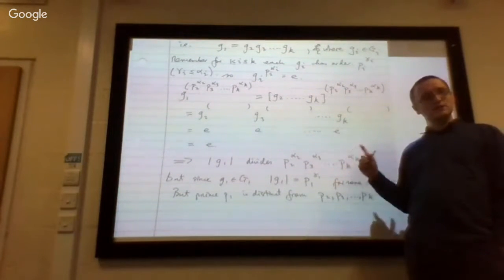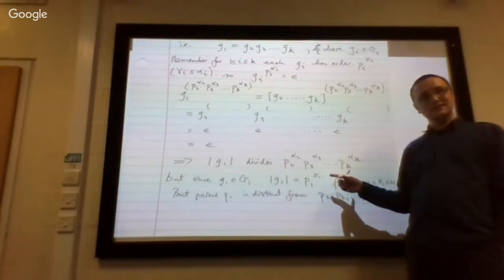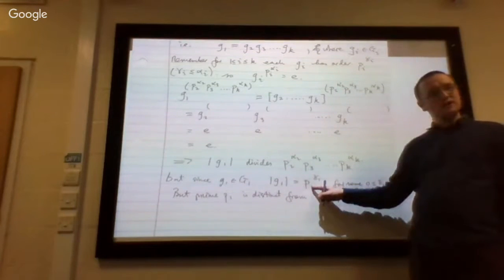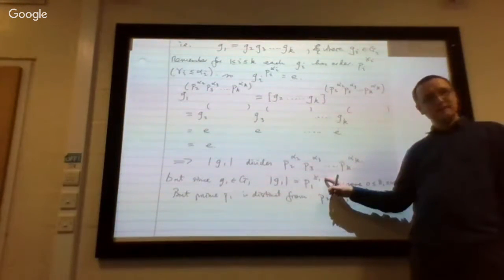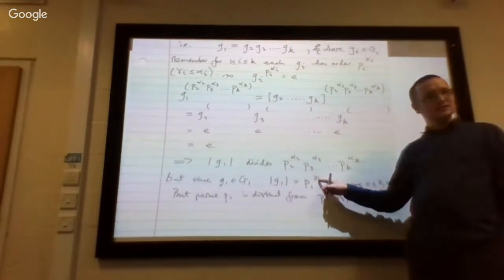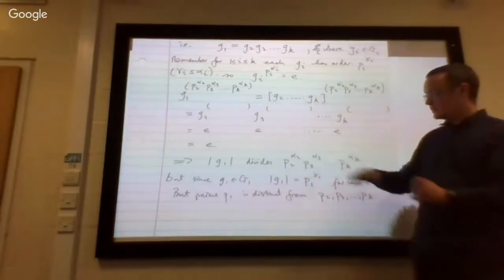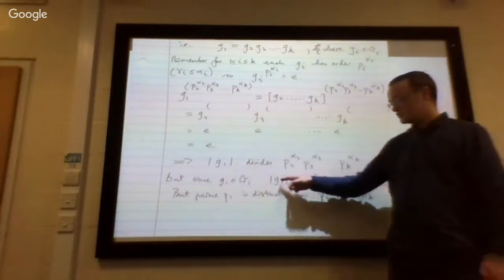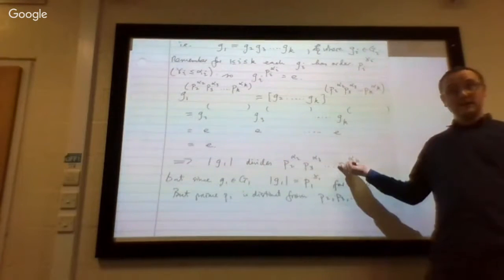So there's only one possibility that this can all still be true: if this isn't really a genuine power of P1, if this quantity is actually 1, where gamma 1 is actually 0. The only way to have both of these true is when gamma 1 is 0. So the order of G1 is 1, and so it can divide that fine.